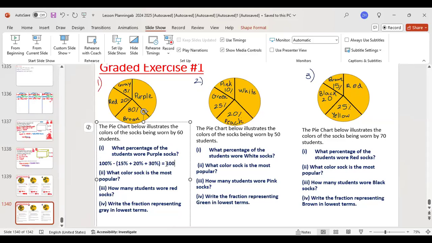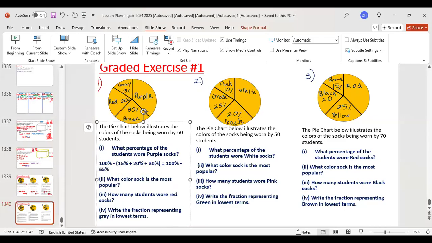What is 15 plus 20 plus 30? 65. So that's 65%, very good.